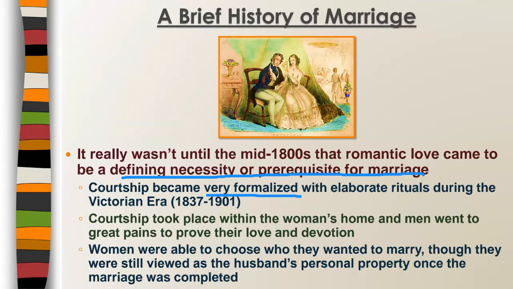It usually took place within the home of the woman's parents, so that they could keep an eye on the young couple. And men would go to great, great pains to prove their love and devotion to their women, the apples of their eye. And women gained a little bit more of a stature in this period than in all of these other periods we've been talking about.